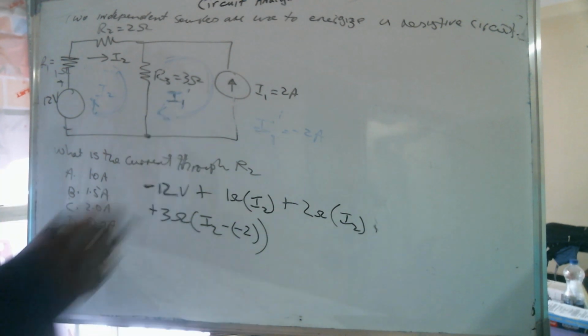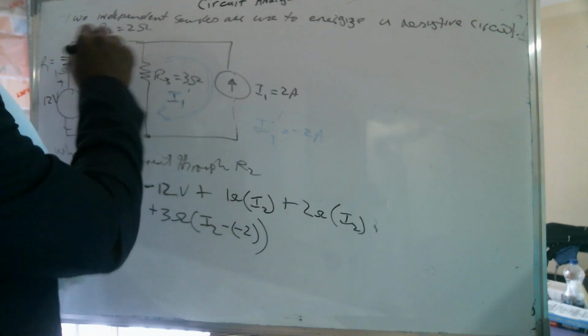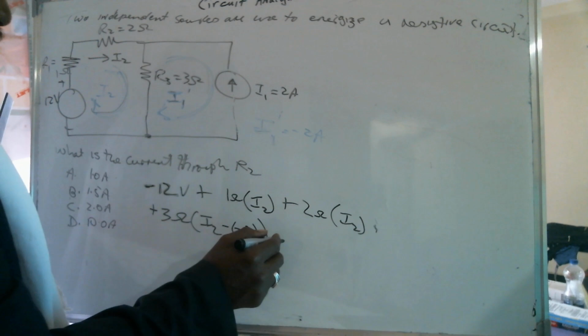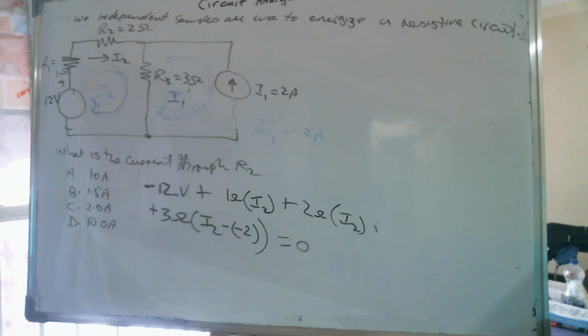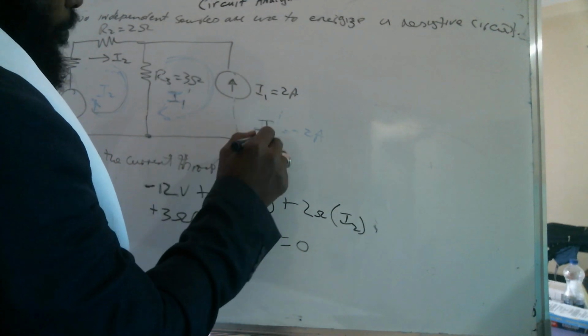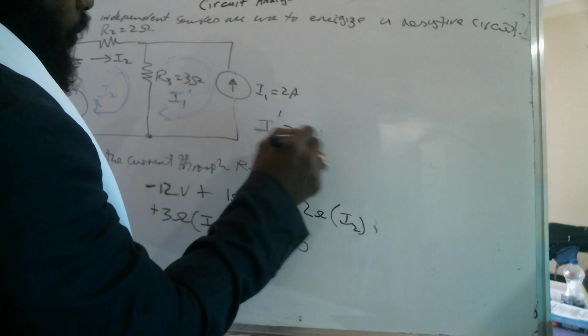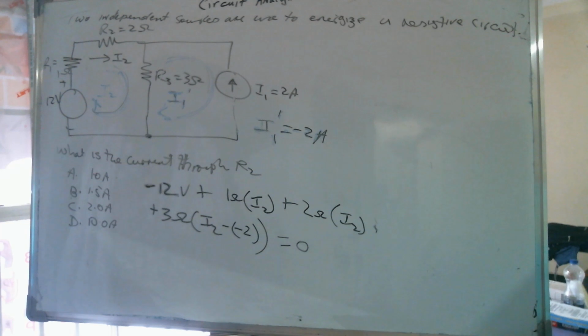Closing off the I2 loop, that is equal to 0. On the other hand, I1 prime is equal to minus 2 amps, opposing the flow, as we said before.